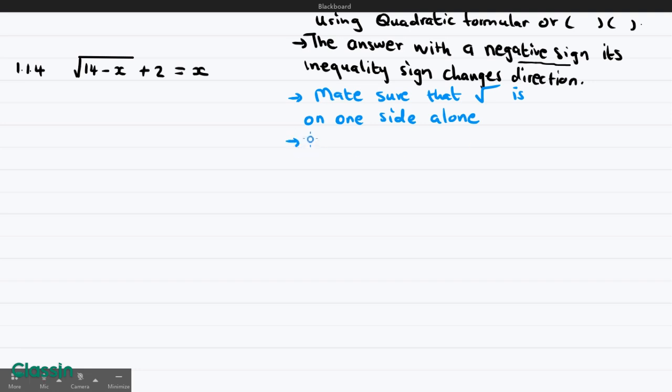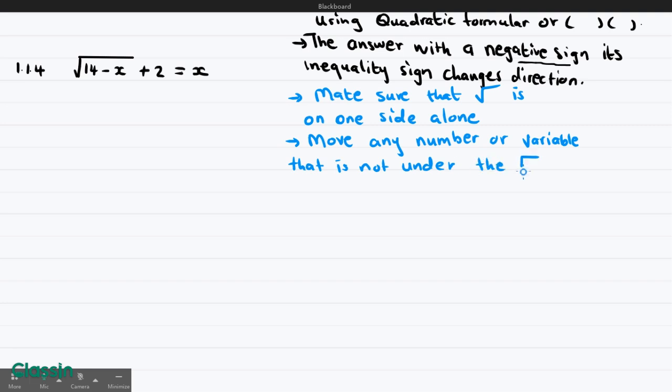Meaning that you need to move any number or variable that is not under the square root to one side.